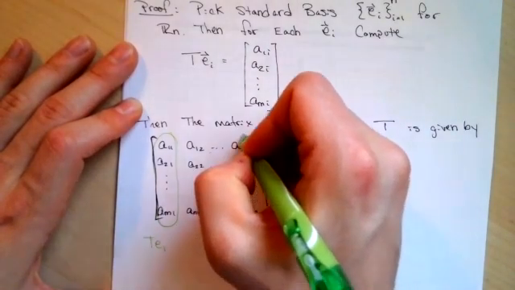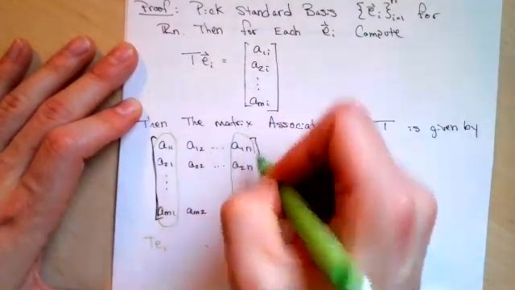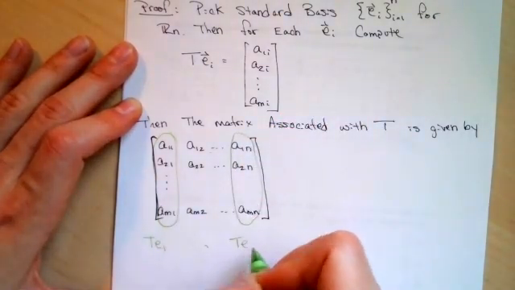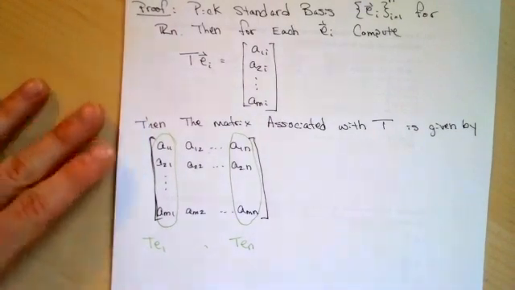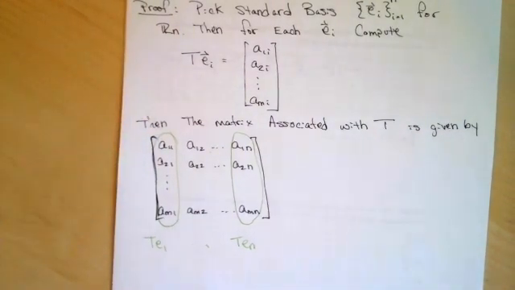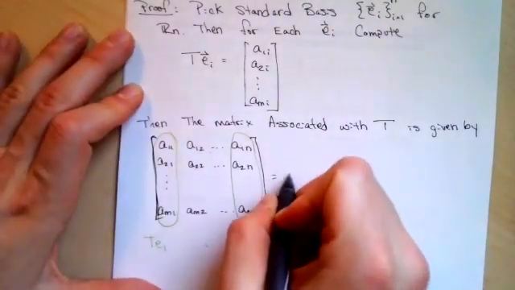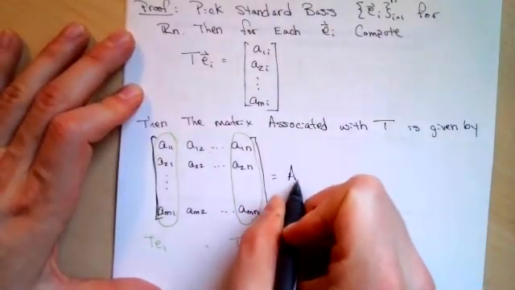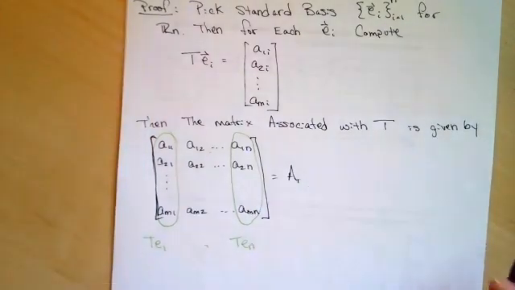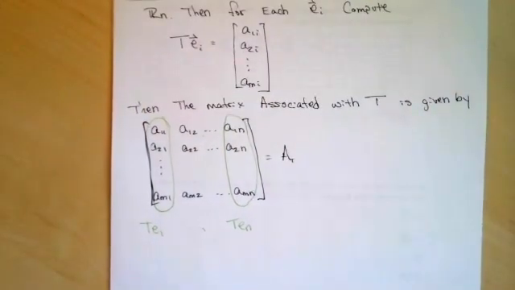Each row is the image of the corresponding elementary basis vector under the linear transformation. Let's call this A. Sometimes, I think some books write it as A sub T. Be careful with the T's, of course. With a superscript T, it means transpose.